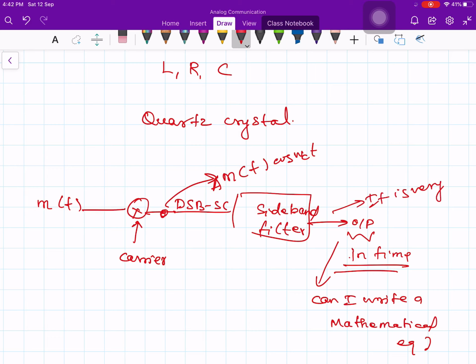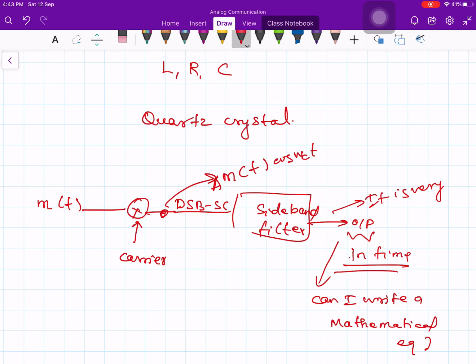So we need to bring in the Hilbert transform and many more things. In the frequency domain it is a product of two waveforms. What kind of waveform can I have after sideband filtering? It is not so obvious in the time domain. So we will take that up in the next lecture: how we can write down the mathematical expression for the output of your sideband filter.